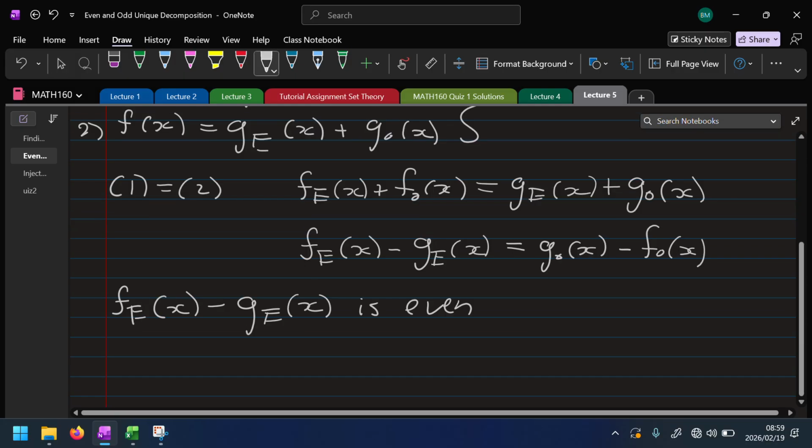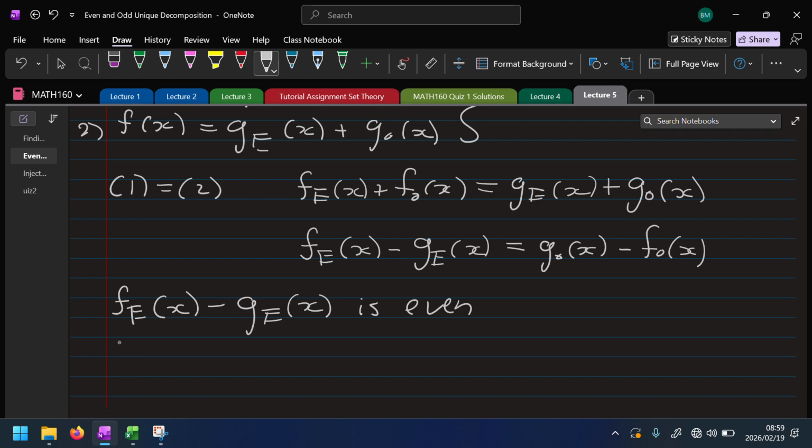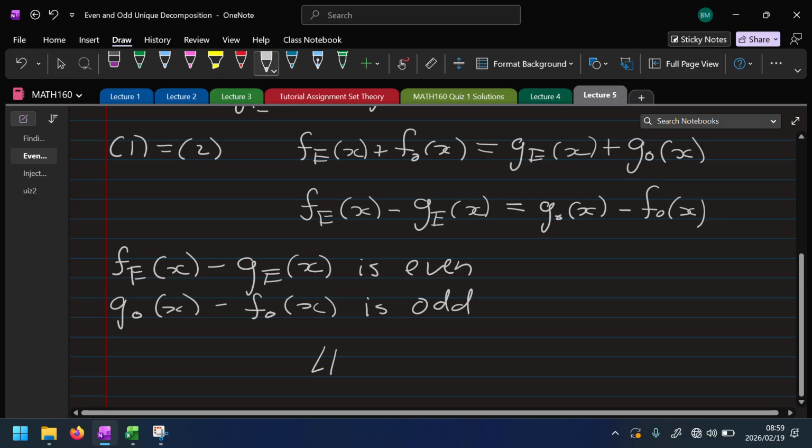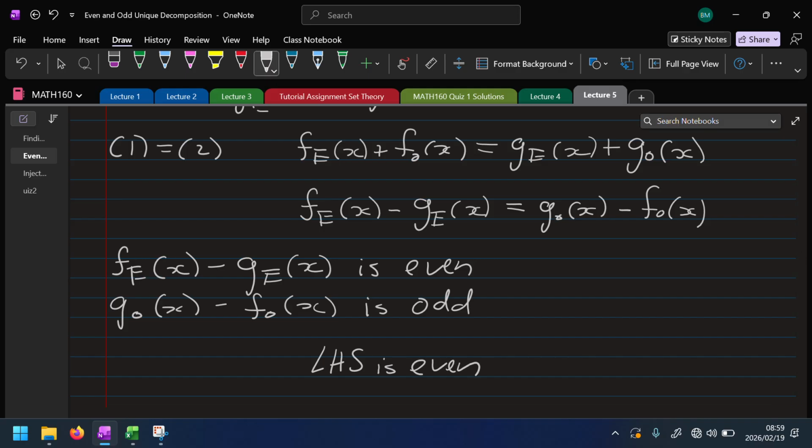If you don't believe me, you check on the side. You put in the minus, you'll see it's odd. So what we have is this left-hand side is even, and the right-hand side is odd.